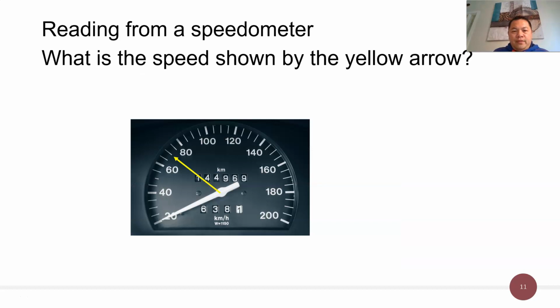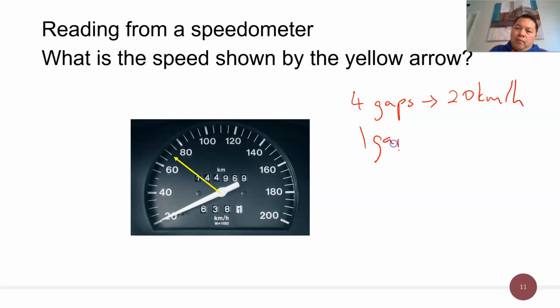Okay. So next one, reading from speedometer. I'm sure one of these days, you'll be learning how to drive. So it's important for you to learn how to read from a speedometer. So for this case, again, we're using the gap concept. There are 4 gaps here, and it's a difference of 20 kilometers per hour, isn't it?